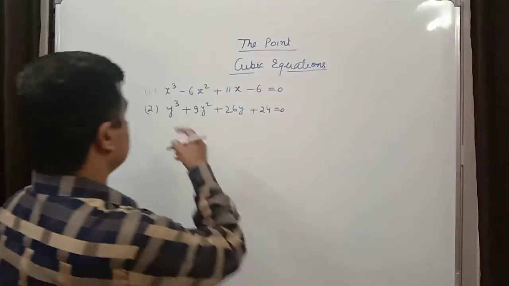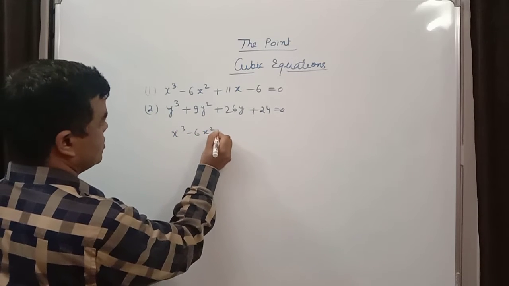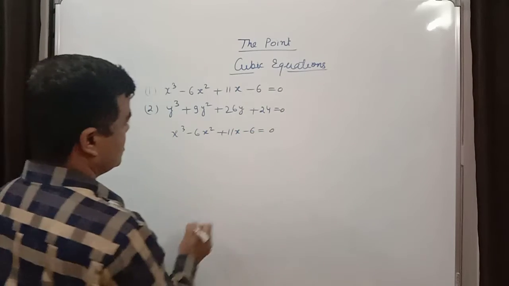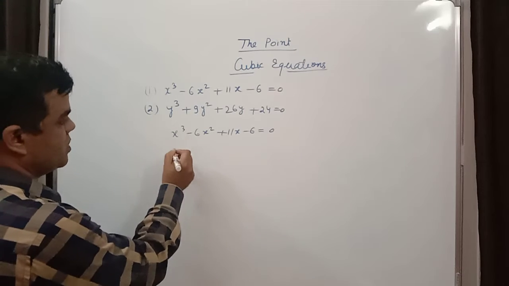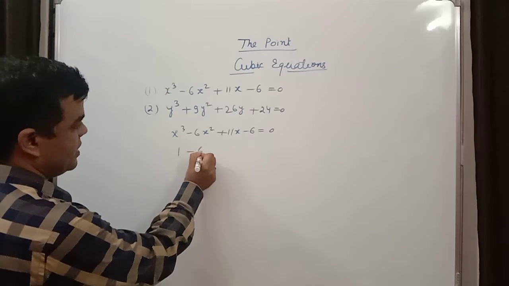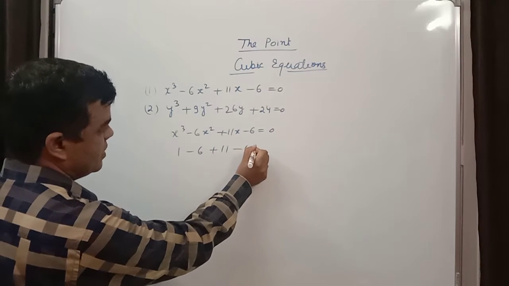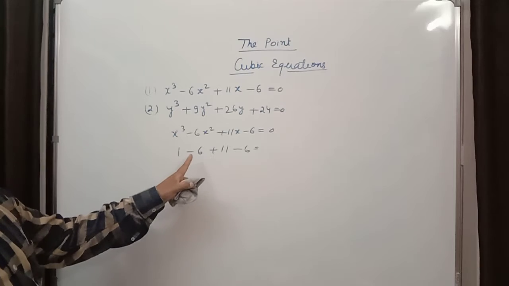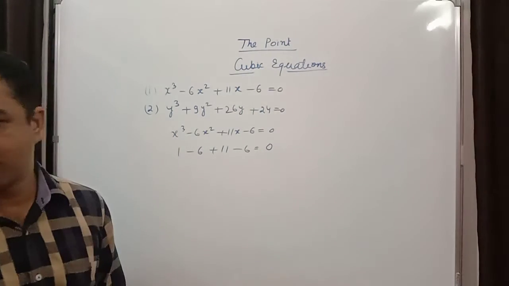So this is the equation: x cube minus 6x square plus 11x minus 6 is equal to 0. I will put x is equal to 1. Here it becomes 1, here minus 6, and 11x minus 6 is 11 plus 1 is 12, minus 6, minus 6, 12, so it comes to 0.